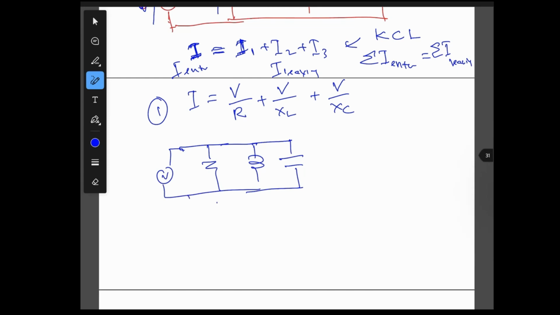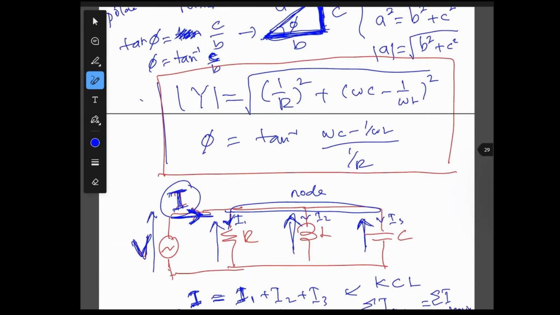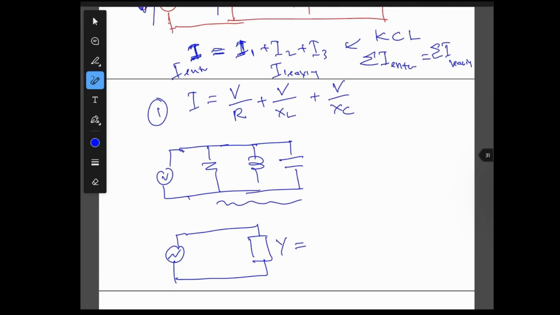This we can combine to become just one, Y, where Y equals this.